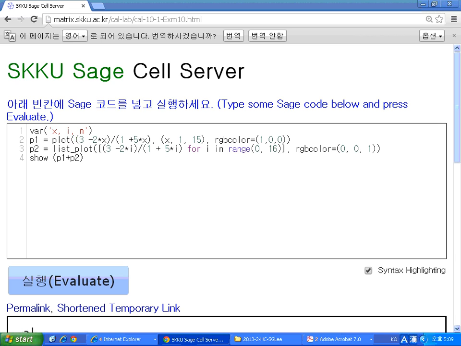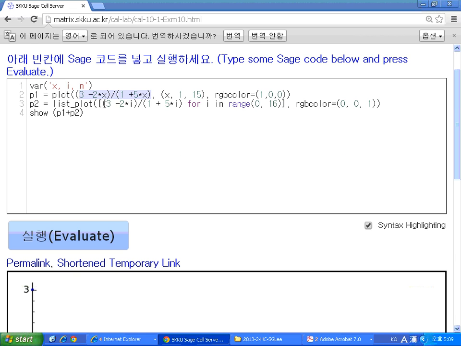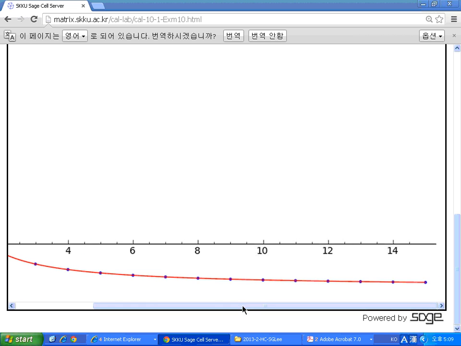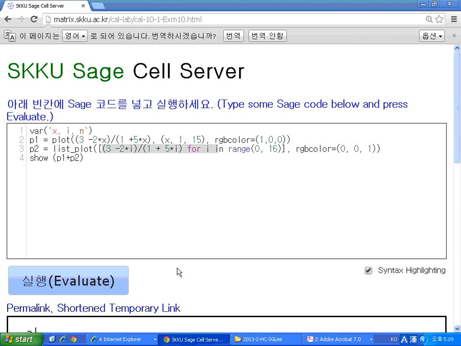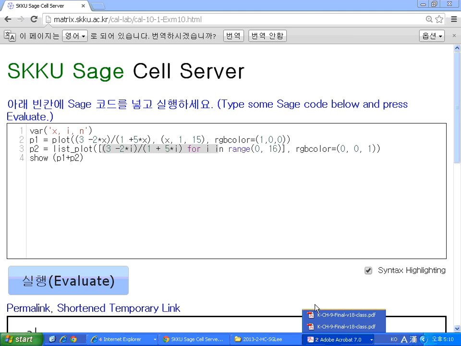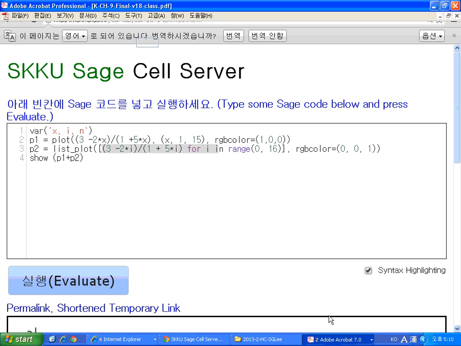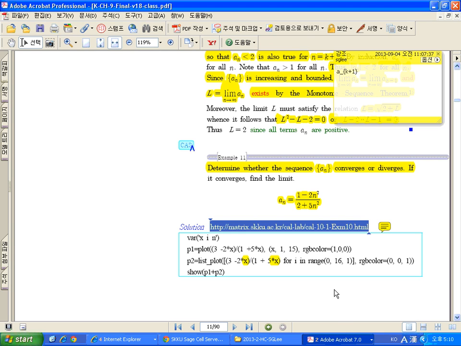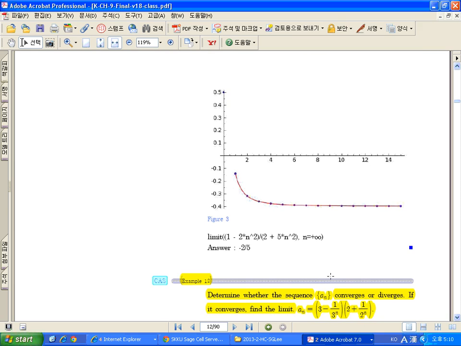We had the function like this, and we draw the function, and also we pointed out the points when n is equal to 1, 2, 3, 4, 5, 6, like this. So we see this converges to minus 2 over 5, like this. So we can verify what you have in here.